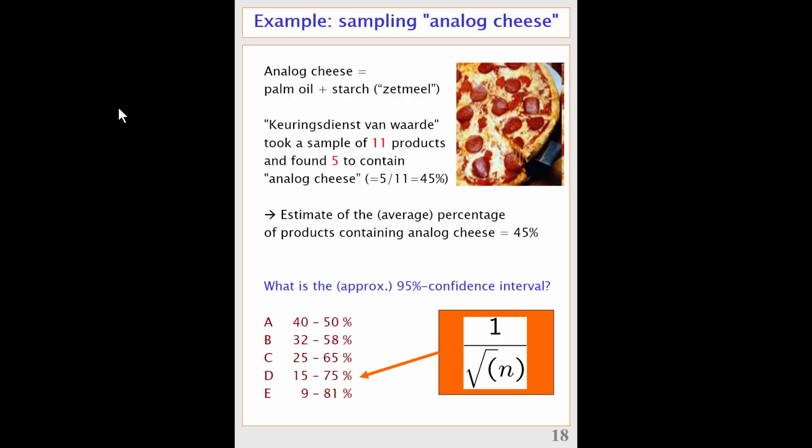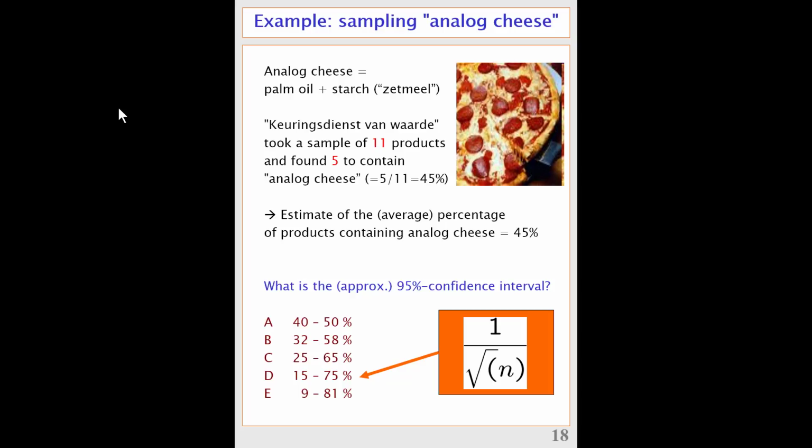So that 1 over square root n rule, its rule of thumb is not exact, but it will give you already a crude estimate of how large the variation in the population might be, given that you have sampled only 11. Of course, if you want to be more precise here, this rule will give you how many you will actually need. So if you want to be able to say something of the kind, okay, it might be 45%, but I want to be able to say that it is between 40 and 50, then that difference should be 5 percentage points.